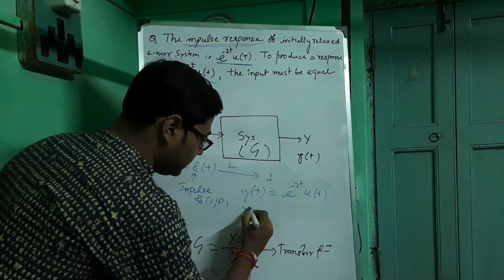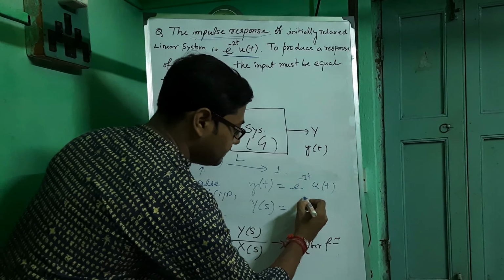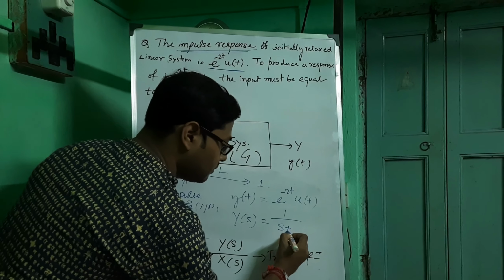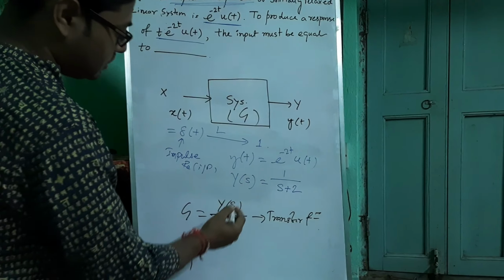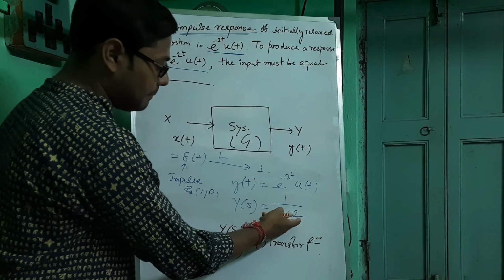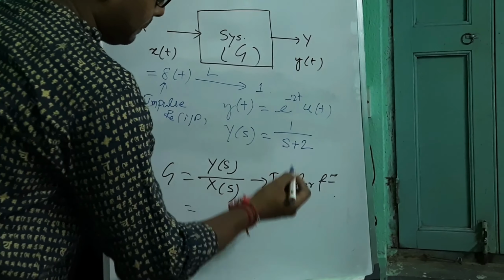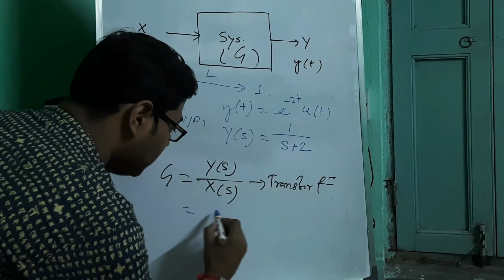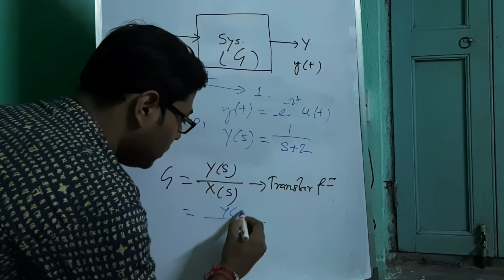If we take the Laplace transform of this, this is the Laplace transform of the output. Here you can see this one is 1 and this one is Y(s).